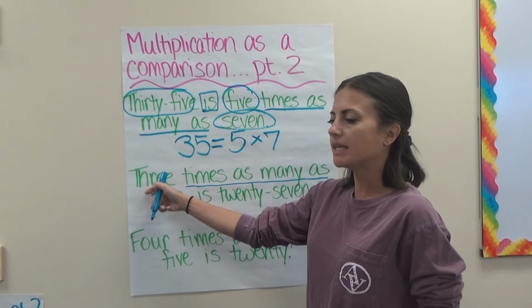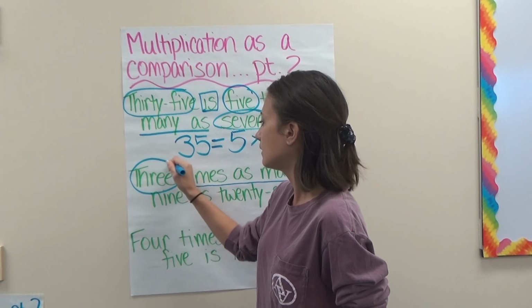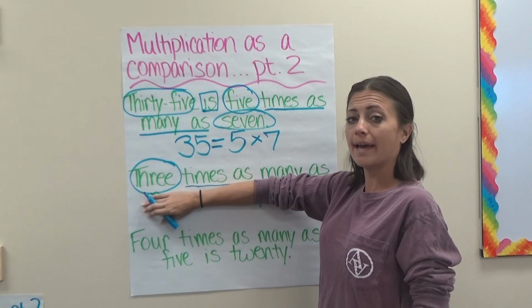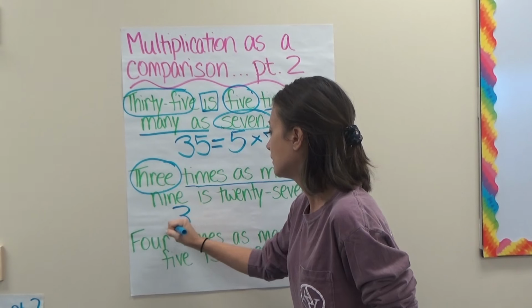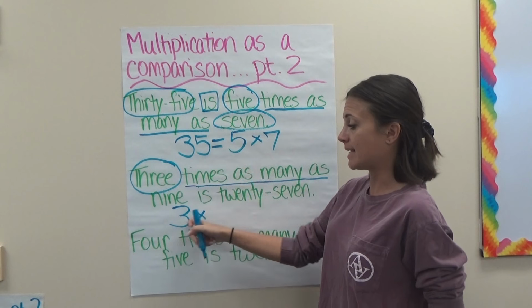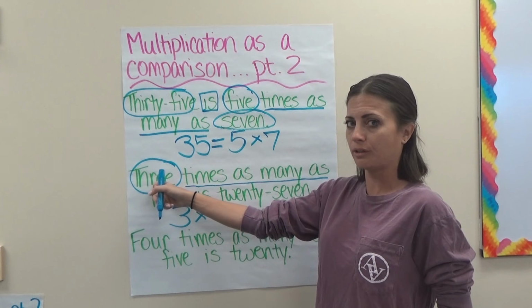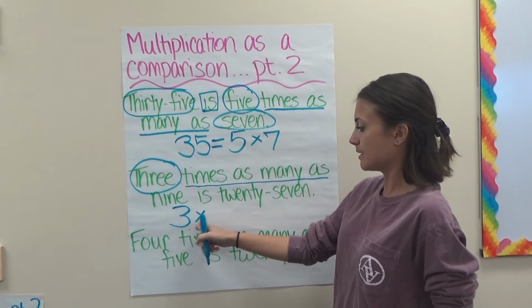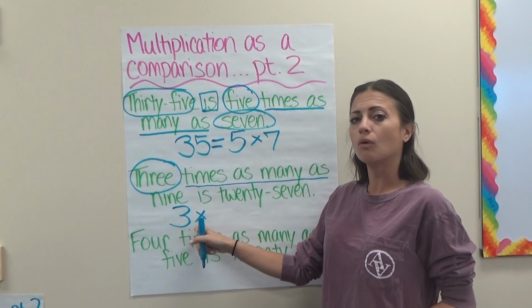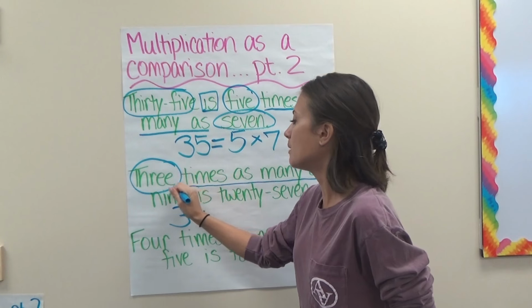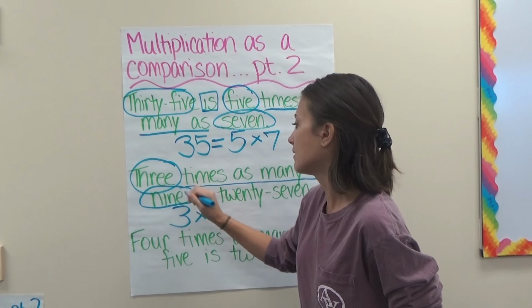So we're going to start at the beginning. 3 times as many as. So if I stop there, what I have so far is 3 times as many as. So 3, that's the number form of this word, and times as many as is shown with our multiplication symbol.